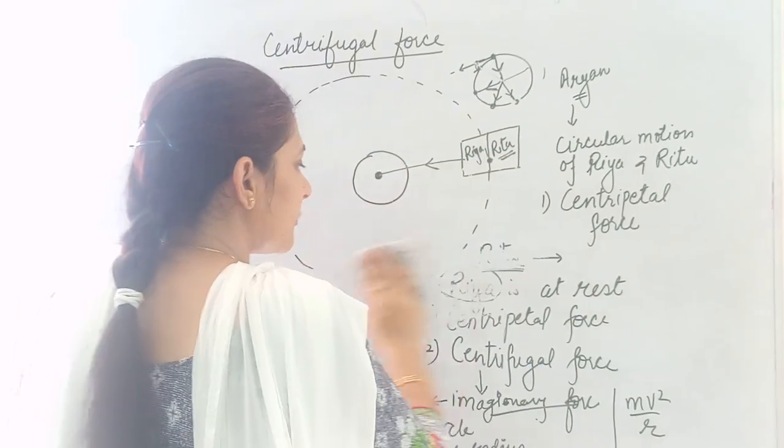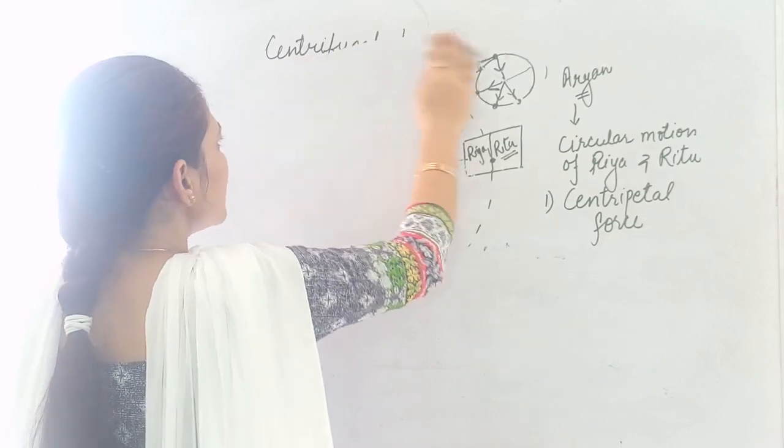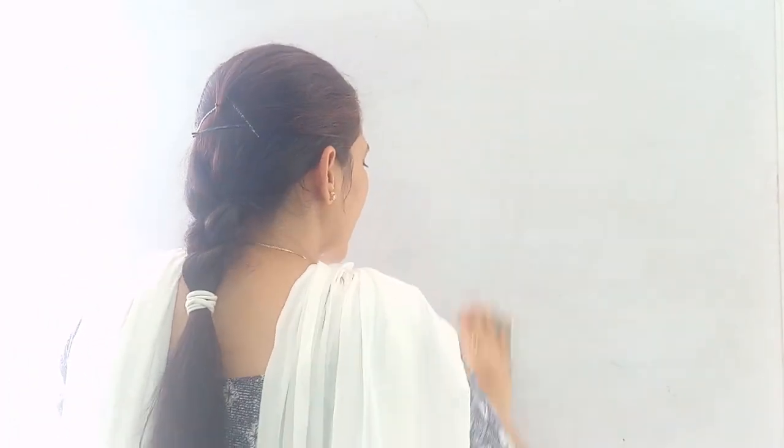Let's recapitulate both of these terms one by one. Centripetal force is the force which is acting towards the center of the circle, whereas centrifugal force is the force which is acting outwards from the center of circle. Centripetal force is a real force. Centrifugal force is an imaginary force, just imagined to explain the motion of a particle in circular path.